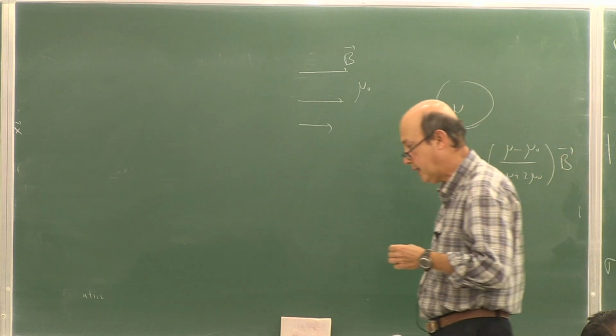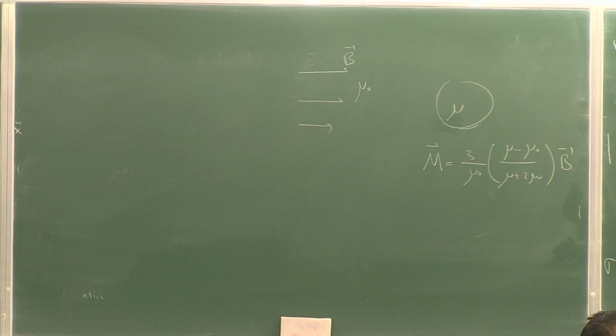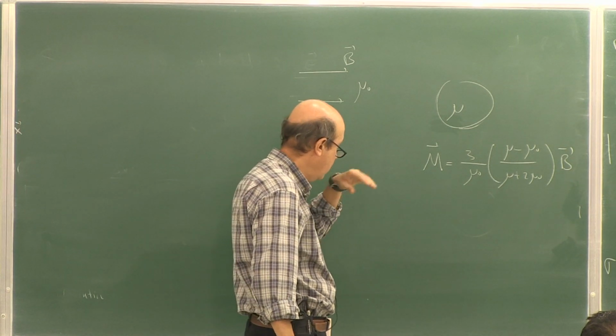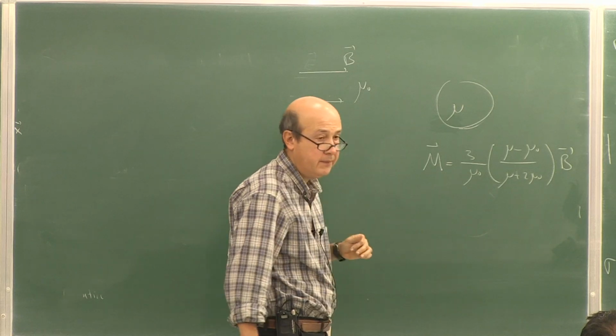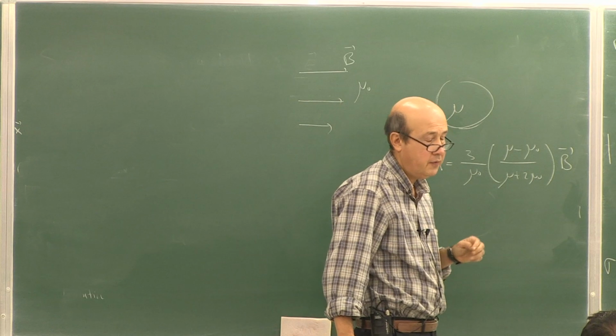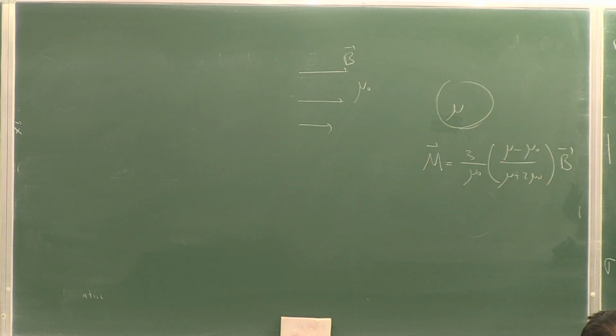For a dielectric sphere, what is the dielectric constant if the sphere is a perfect conductor? So what is the limiting value?